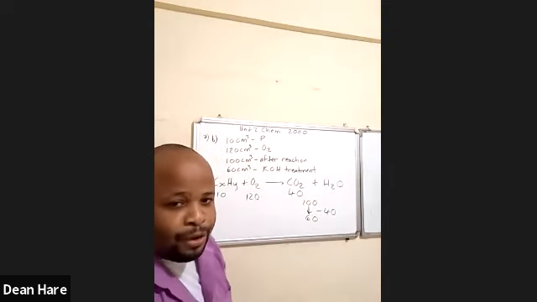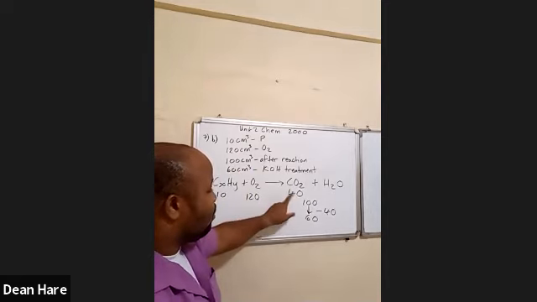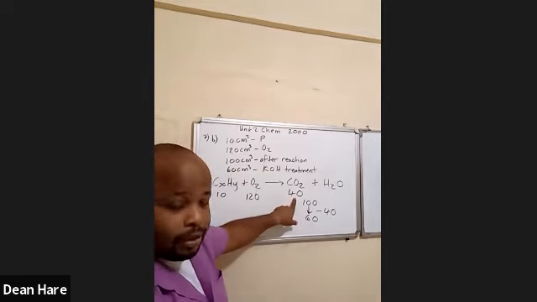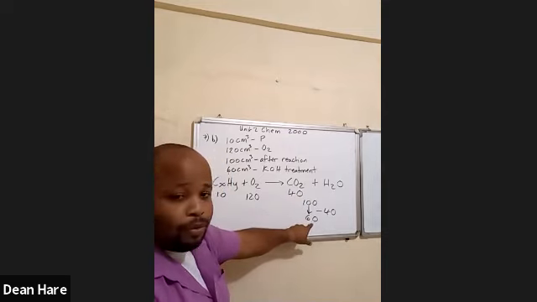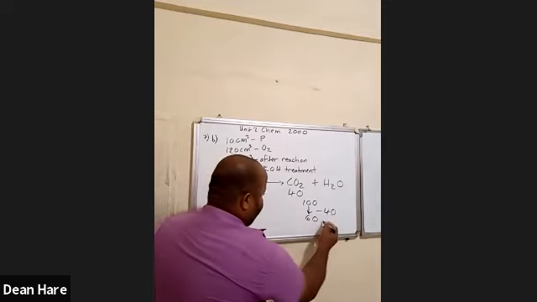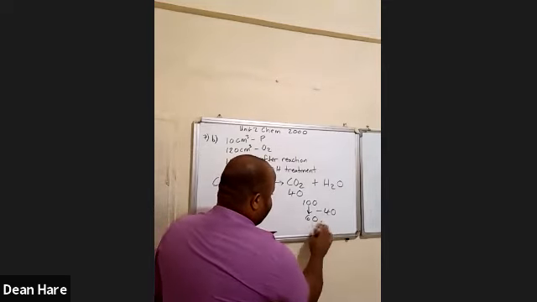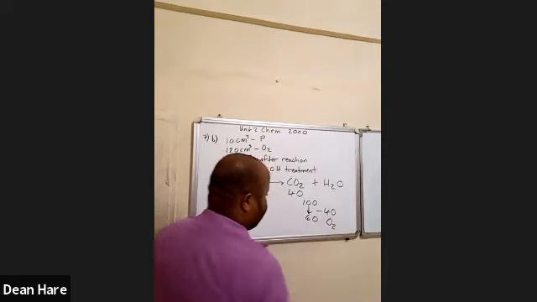That means 40 cm cube of CO2 was produced in the reaction, and at the end of the reaction, 60 cm cube of oxygen remains.